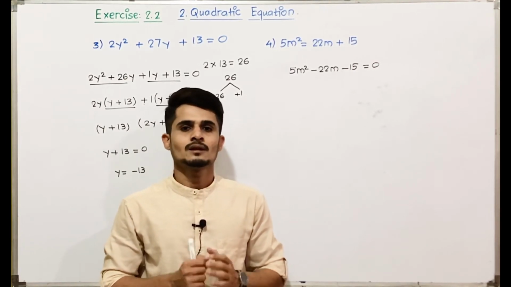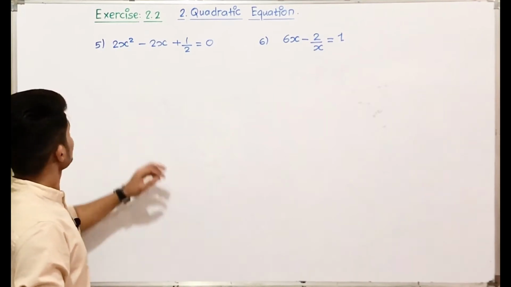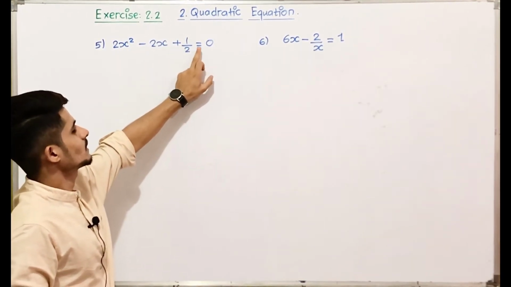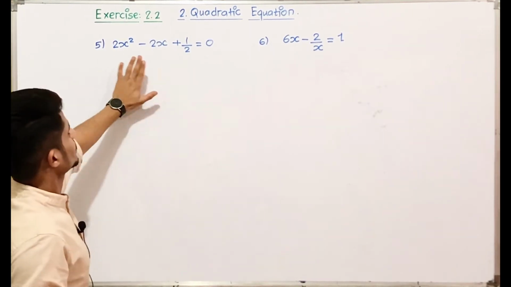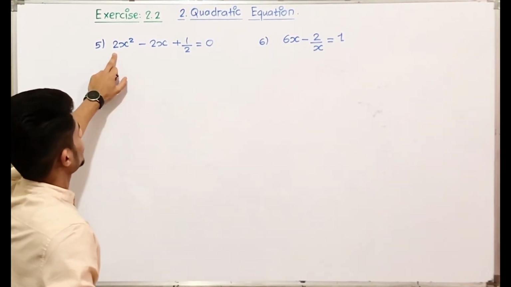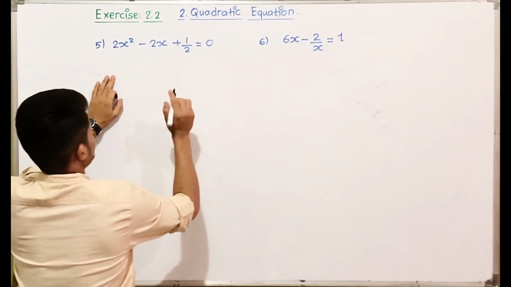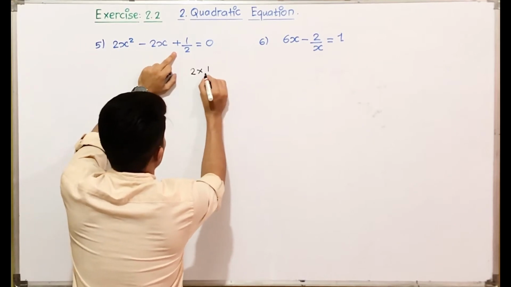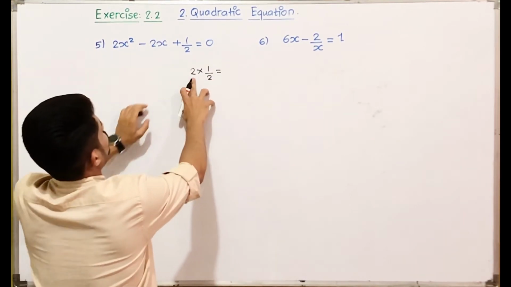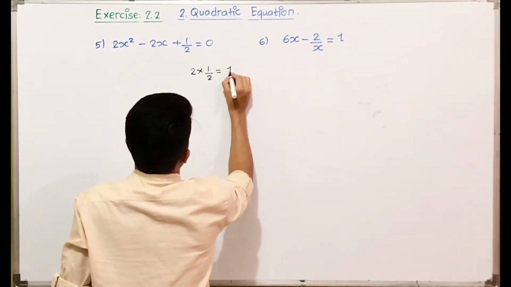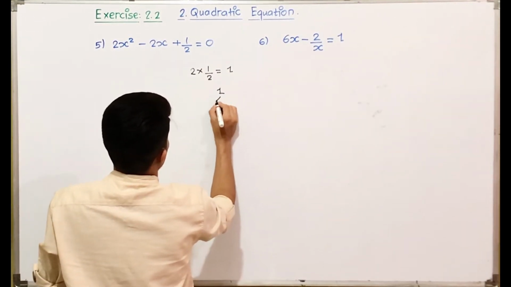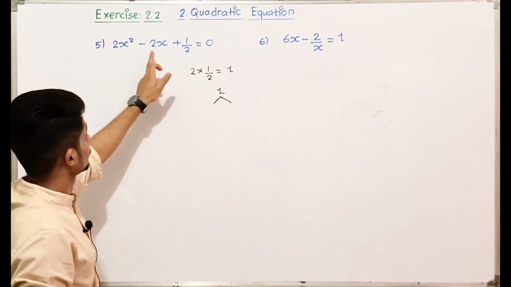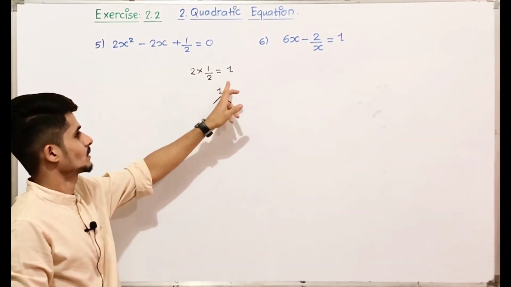Now we'll start with fifth sum. The fifth one is 2x square minus 2x plus half is equals to 0. Equation is in the general form. We'll multiply coefficient of a with c, that is 2 is the coefficient of a and half is the coefficient of c. 2 cancel, value is 1, that is we have to split 1 in such a way that the addition should be equals to minus 2 and multiplication should be equals to 1.